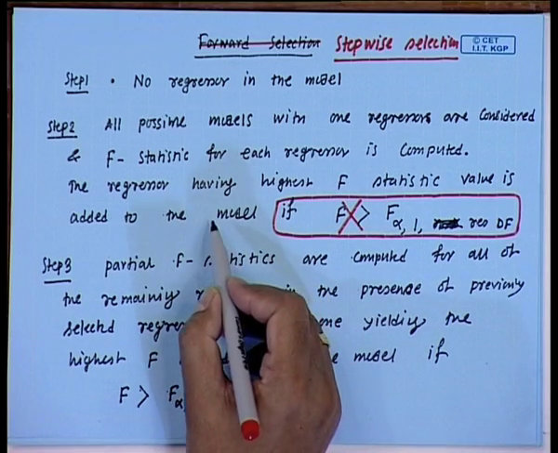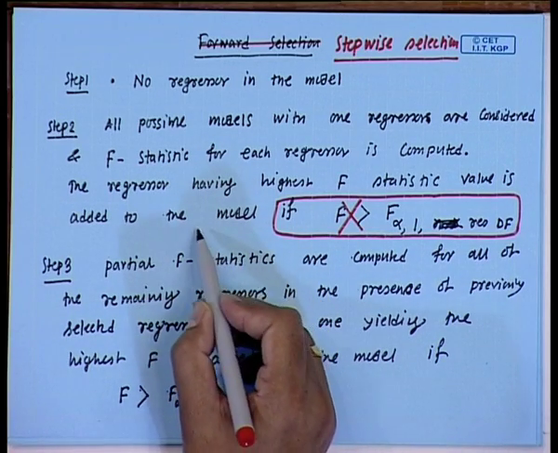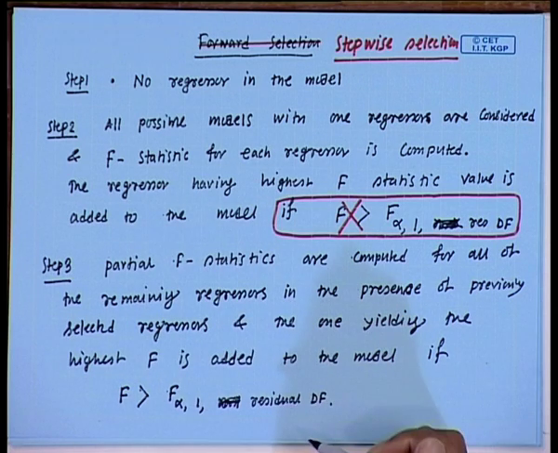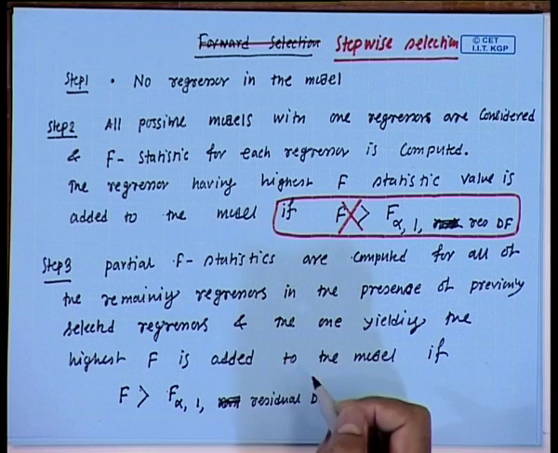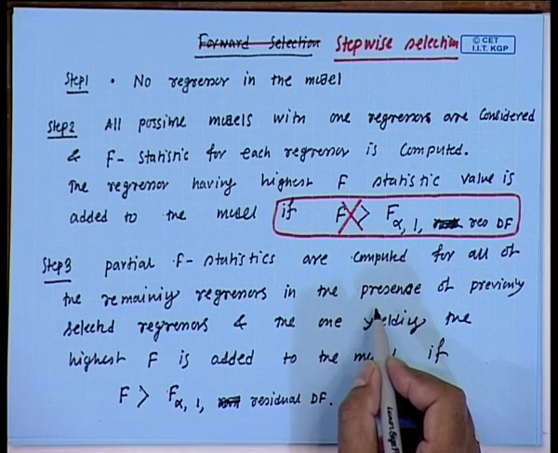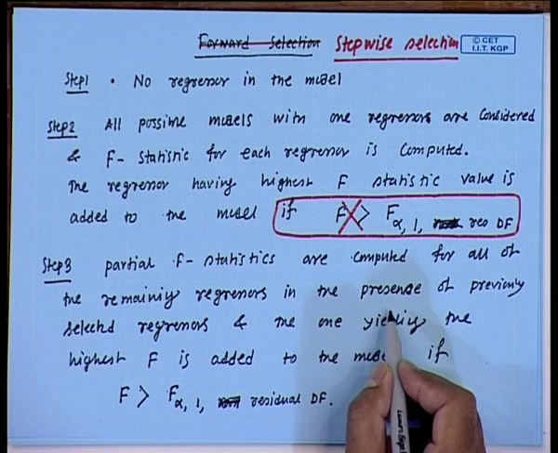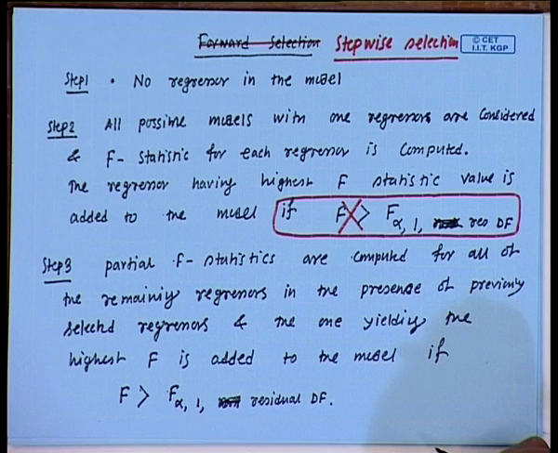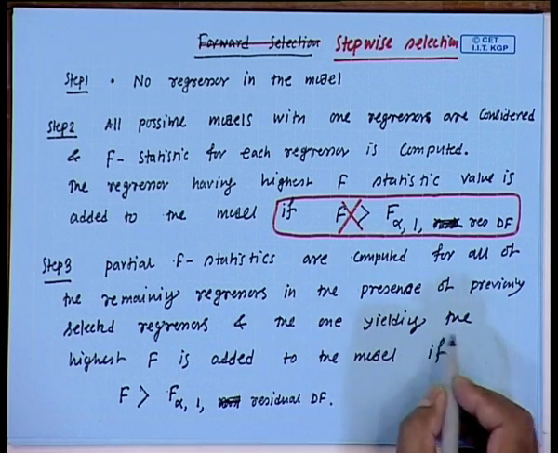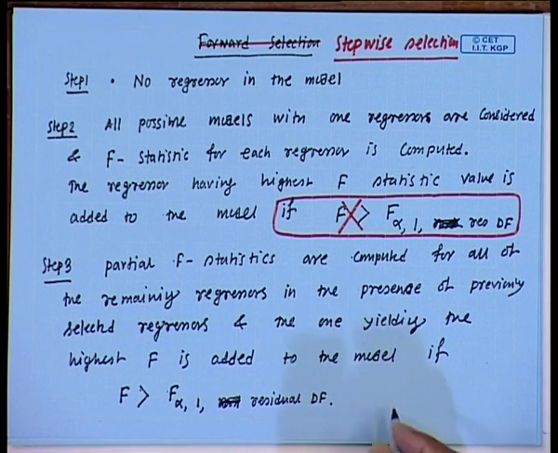Let me recall the previous example. x 4 was included first, and then you compute the partial F statistic for x 1 in the presence of x 4, for x 2 in the presence of x 4, and for x 3 in the presence of x 4. The one yielding the highest F is added to the model if the F is greater than the tabulated value.